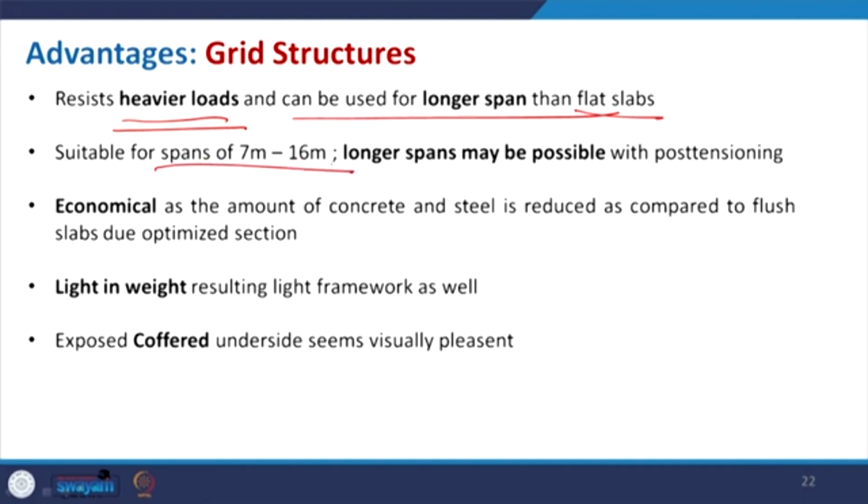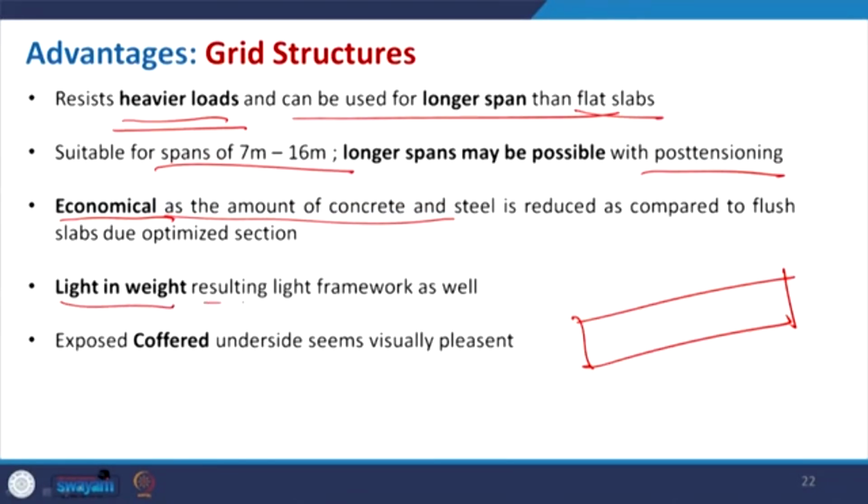Suitable span is up to 7 meter to 16 meter, but it can be extended if we really go for post tensioning and take good care of that. Economical, as the amount of concrete and steel is reduced compared to the solid section.